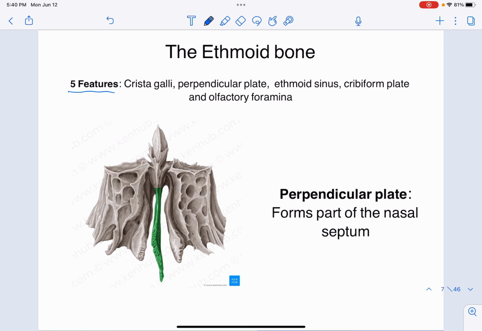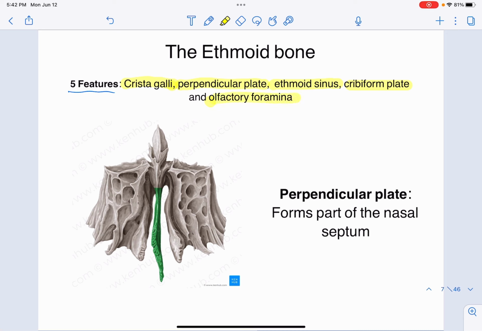Studying just from the lecture or from pictures doesn't always do it the justice of sitting in the lab and looking at the bone yourself. So the features that I'm going to go over are the crista galli, the perpendicular plate, the ethmoid sinus, the cribriform plate, and the olfactory foramina.